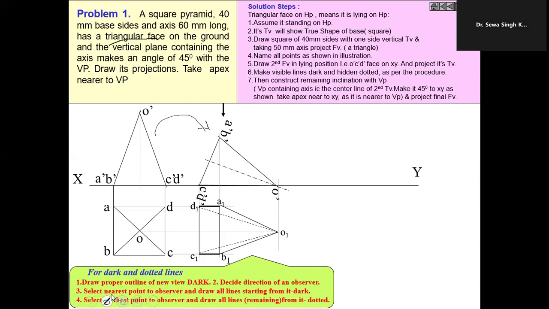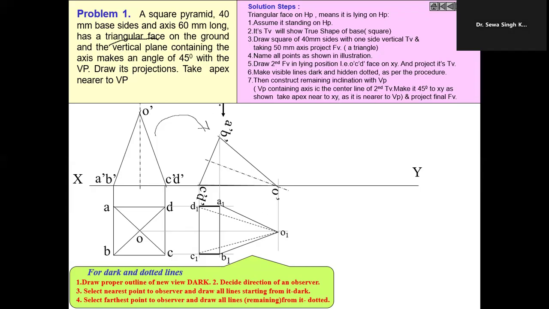Then select the nearest point to the observer and draw all the lines emerging from that nearest point as dark, and select the farthest point and draw all the remaining lines emerging from that farthest point as dotted lines. So let us see these points here: A, O, B, C, and D. They are lying on the boundary, so we have joined them with a dark line.